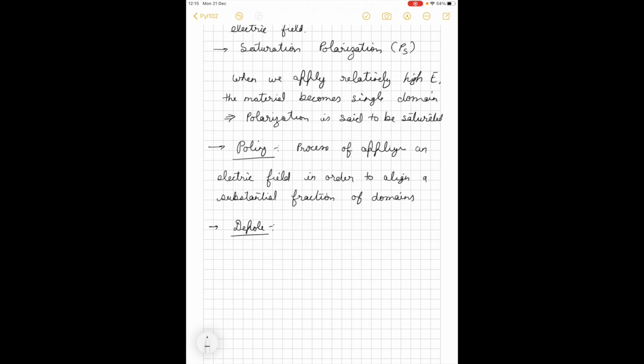So I'll call it depoling. Depoling would be where the domains undergo randomization.